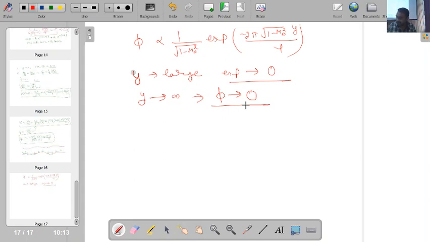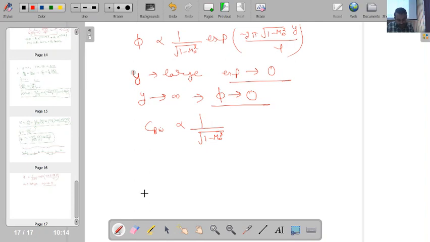If you just want to calculate at the wall, y equal to 0, Cp at the wall will simply become proportional to 1 by square root of 1 minus M infinity square. Another interesting fact is that if your M infinity is very small, then phi is large, but if M infinity is increasing, then the value of phi will keep on growing smaller.